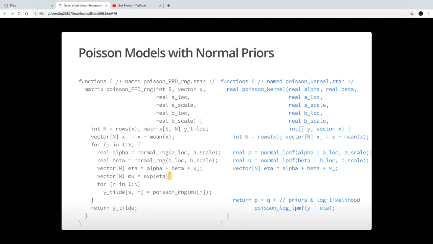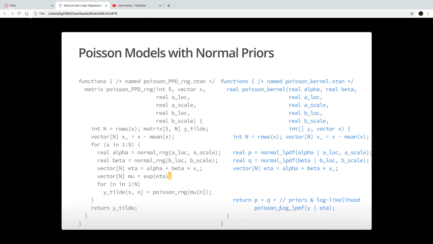And I want to draw from a Poisson distribution in order to get draws from the prior predictive distribution of a count outcome. That might be appropriate from a Poisson. And then over here, again, all the stuff is the same. P and Q, those are the logarithm of the prior density.